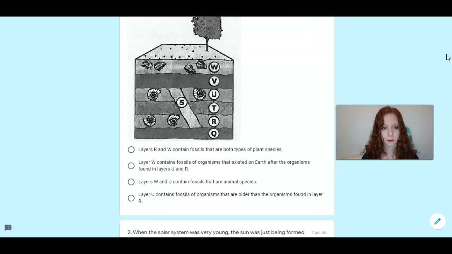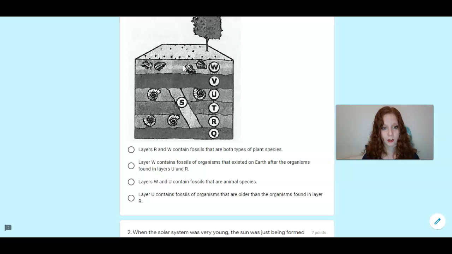First statement says, layers R and W contain fossils that are both types of plant species. So R, that is a swirly shell thing. It's going to look like some type of sea creature, not a plant. W, that's a leaf. That is a plant, so first option not looking too good.